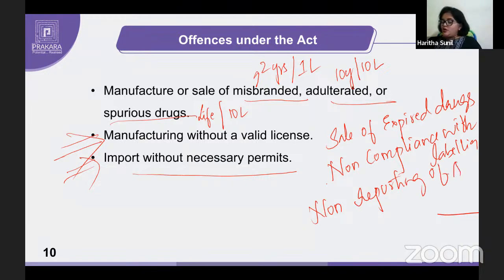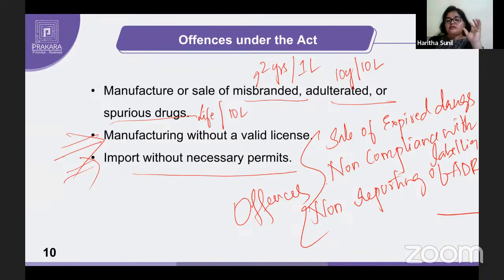All these also come under the offenses, right? These offenses mainly emphasize the importance of compliance with the Drugs and Cosmetics Act 1940, to ensure public health and safety.